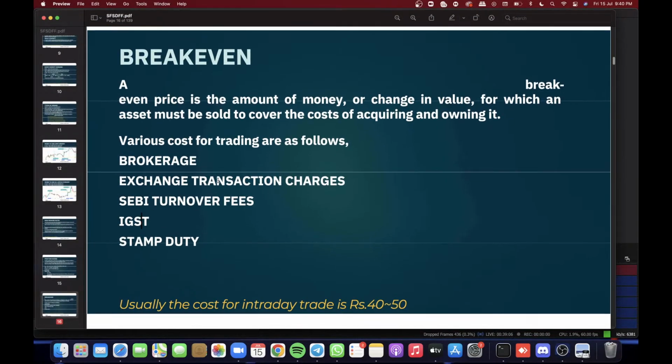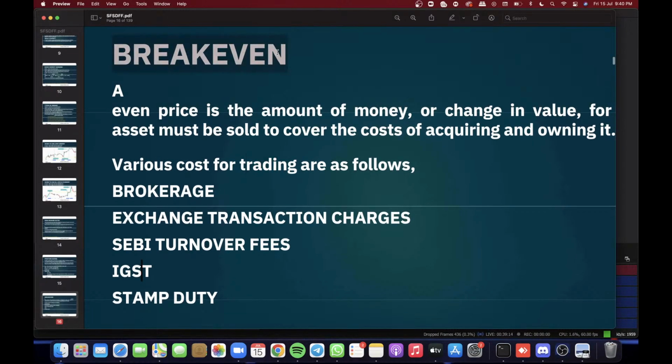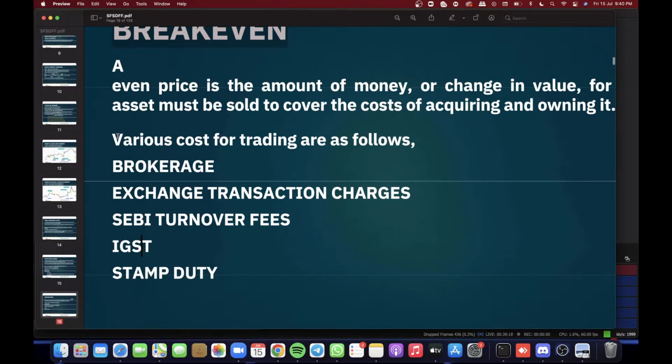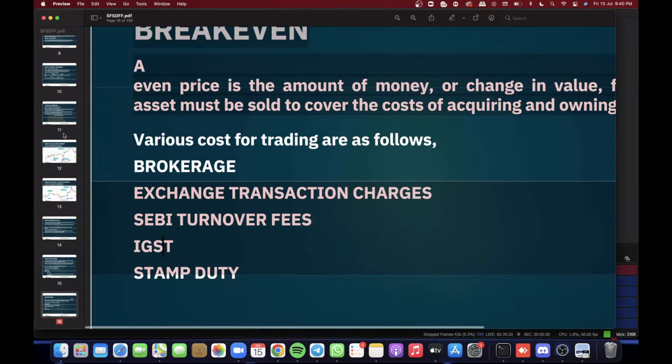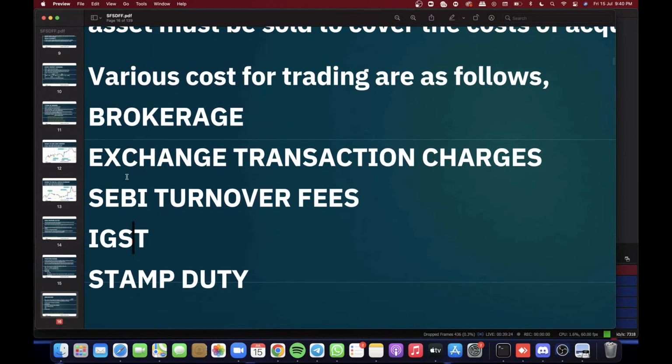Let's go. Let's talk about various costs for trading. Okay. So guys, what actually is a break even? Break even is 0, no profit, no loss. But again, there are some costs that will be there. Brokerage, exchange transaction charges, SEBI turnover fees, IGST, stamp duty.